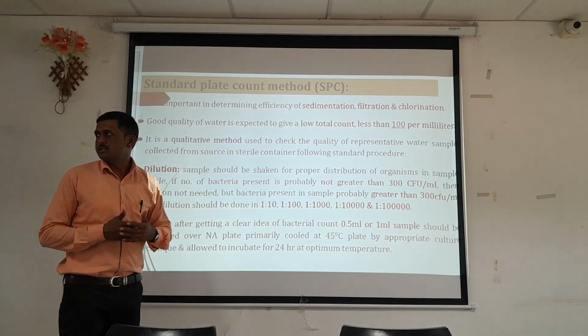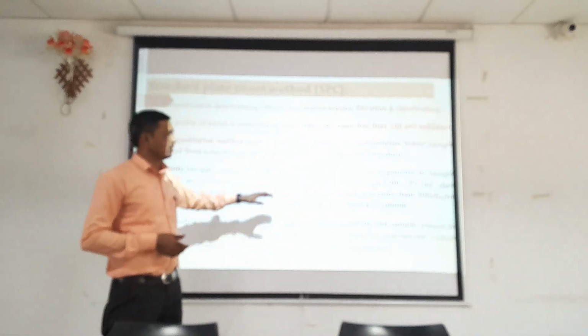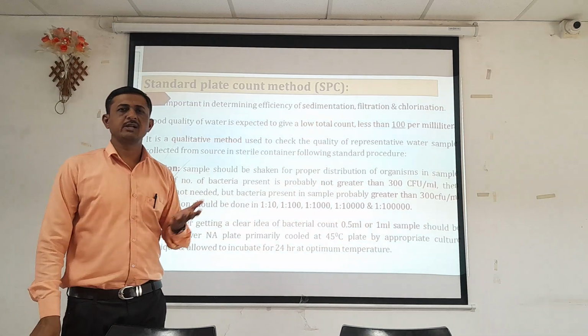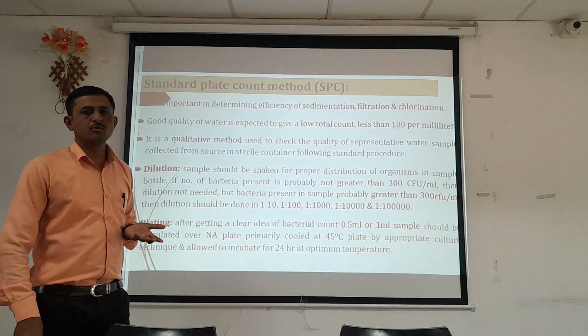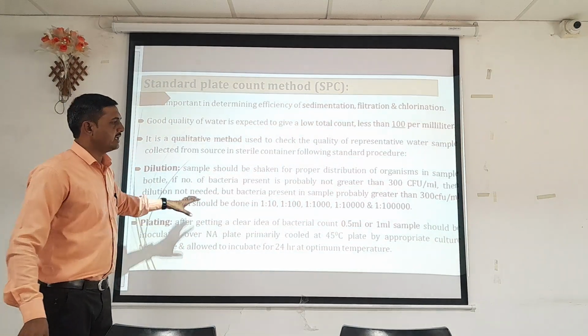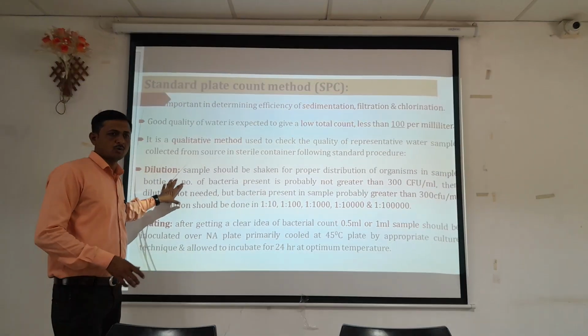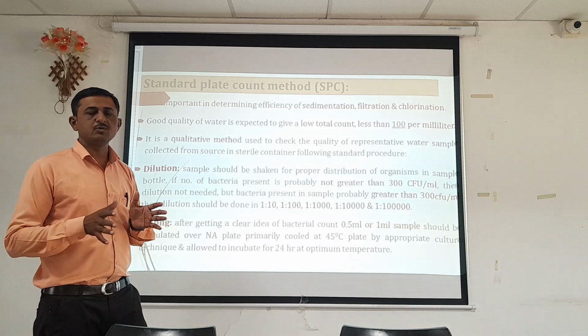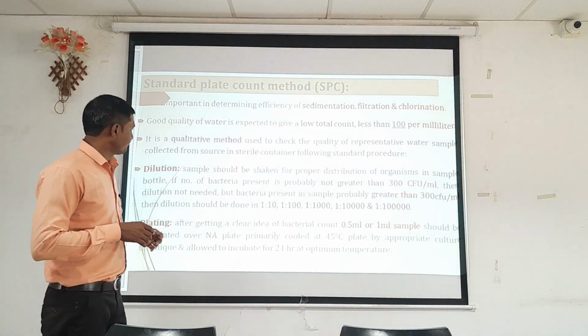In case the sample contains a CFU count below 300, serial dilution is not needed. But if the CFU count is more than that, then we will need a dilution of the water sample so that we can obtain distinct colonies on the medium.